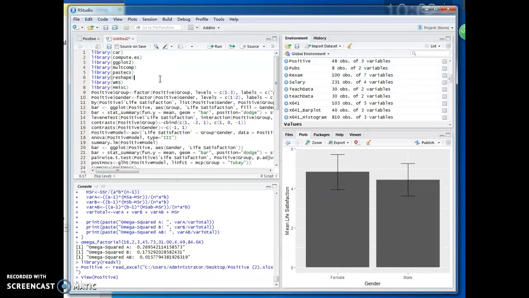One is gender, so for gender there will be male and female, two groups, and another independent variable will have three groups.